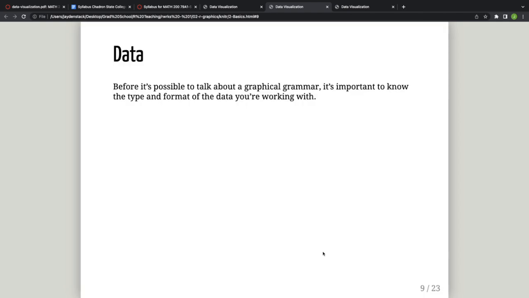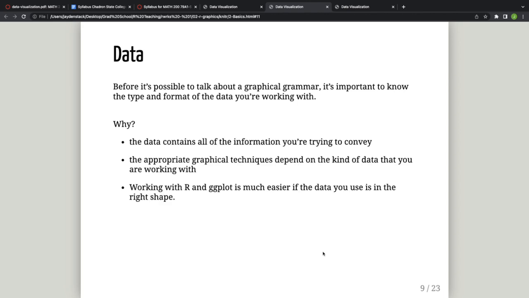Okay, so before it's possible to talk about graphical grammar, it's important to know the type and format of the data that we're working with, right? And we had taken a look last week at how we can observe what kind of variable types we're looking at as well. But why is that? Okay, if the data contains all the information you're trying to convey, the appropriate graphical techniques depend on what kind of data you're working with, right?